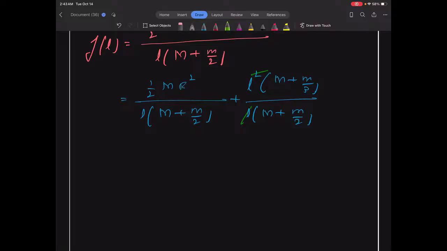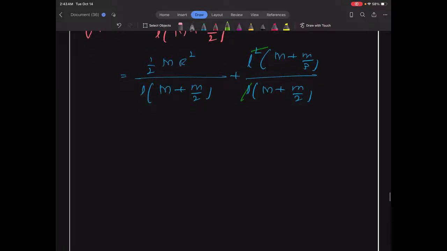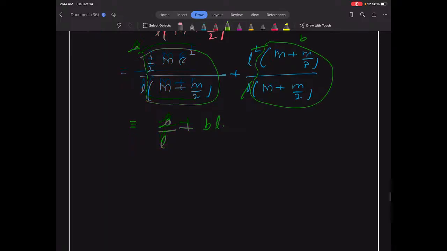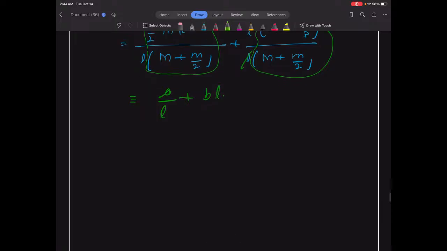For the sake of simplicity, we can write this as A upon L plus B times L, where A is this particular part and B is this part. We are going to differentiate it with respect to L.